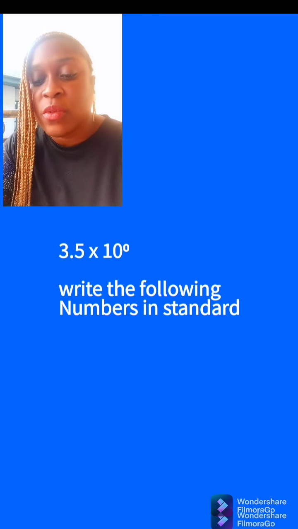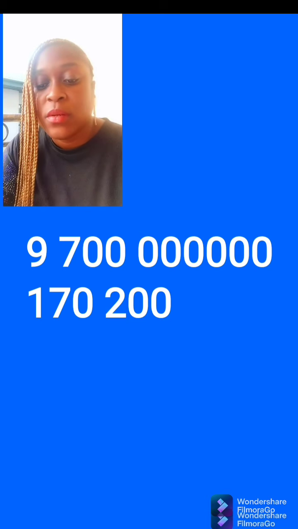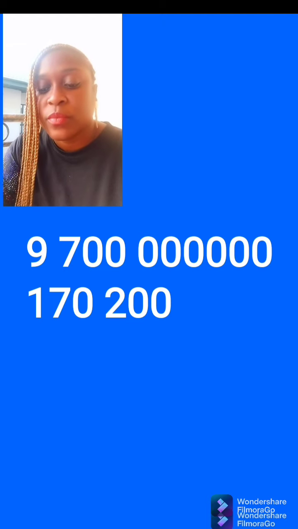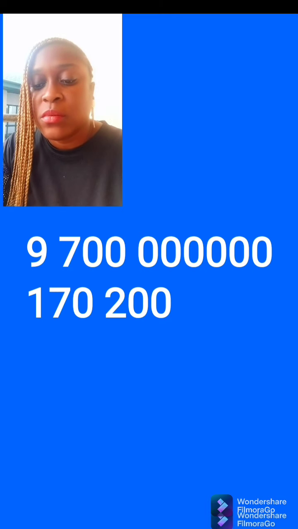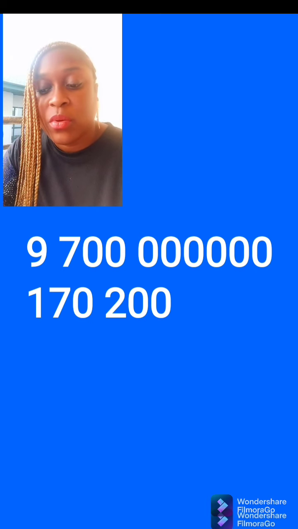And then write these numbers in standard form. 9,700,000,000. Write it in standard form. Then also write this number in standard form. 170,200. Okay? And also convert this number, which is in standard form, to an ordinary number.